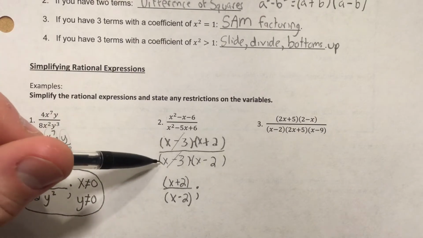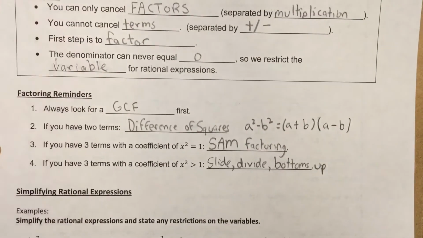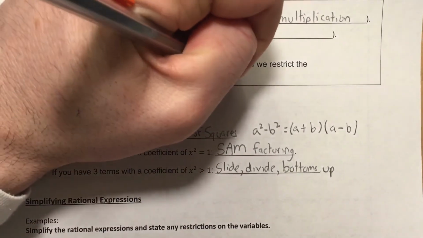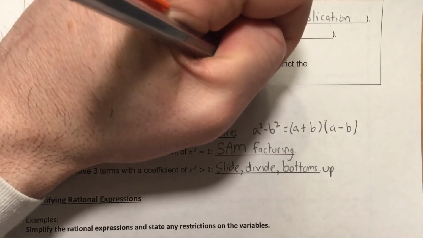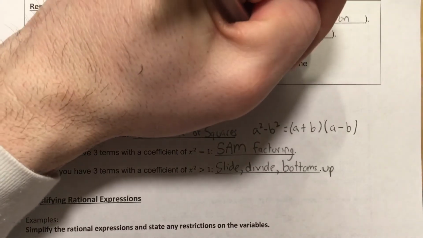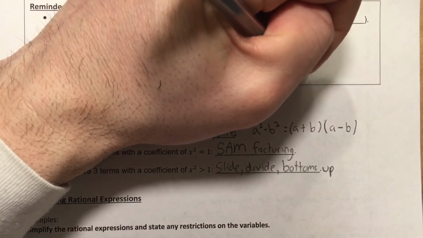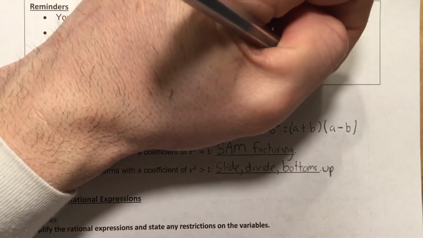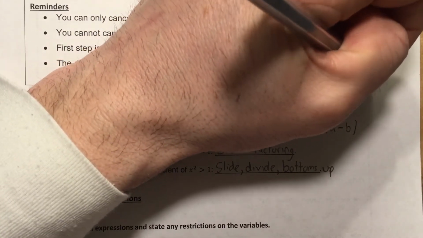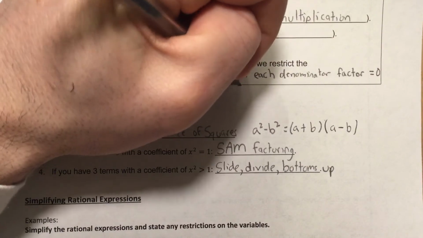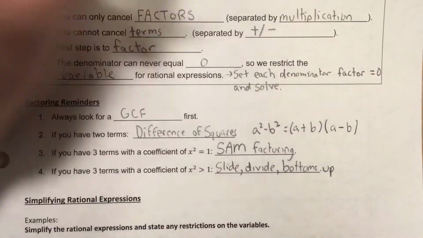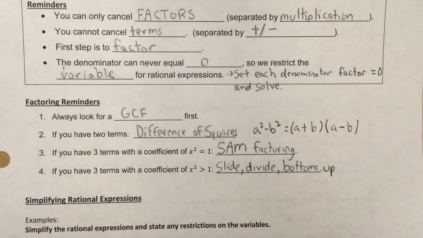So what we're going to do, and you might want to write this down, the way we can do this is to set each denominator factor equal to 0 and solve. And those are going to be the variables that cannot work. Those are going to be the variables that you restrict.